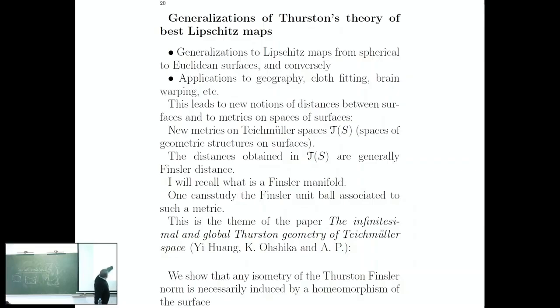Conversely, there are also best maps from the plane to the sphere that were studied by some mathematicians, for instance Chebyshev, you've heard this name, Chebyshev inequality. He was interested in the problem of clothing.